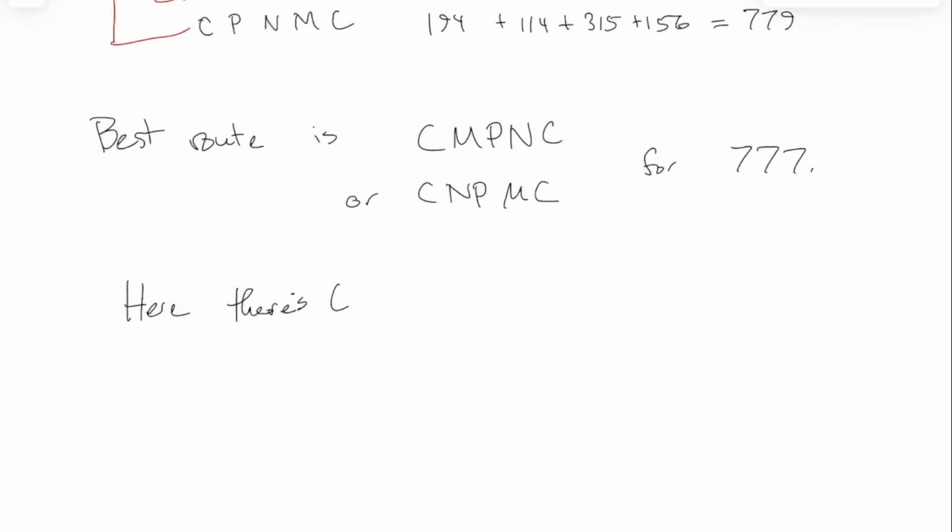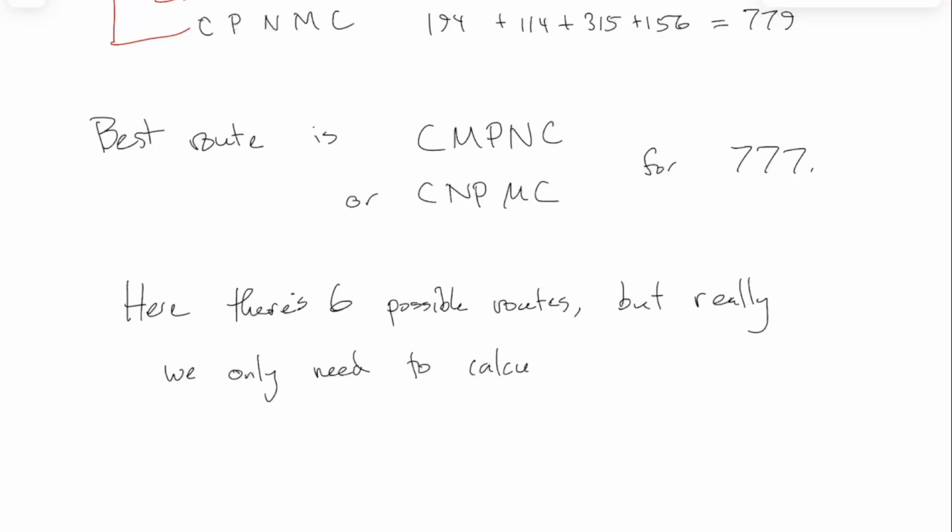there's 6 possible routes, but really we only need to calculate 3 of them. Although it can be a little difficult to decide which 3 you have to do, you can tell by looking at the letters.